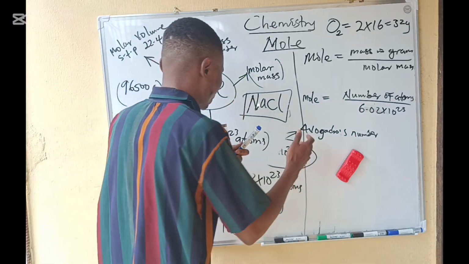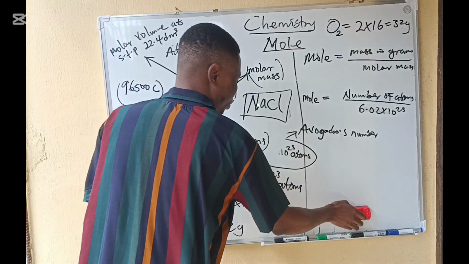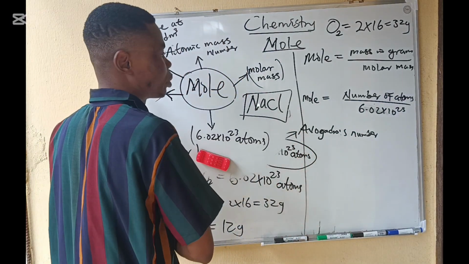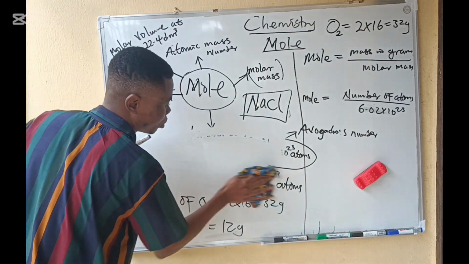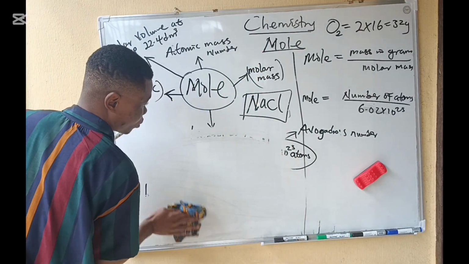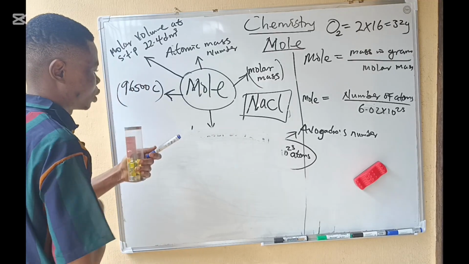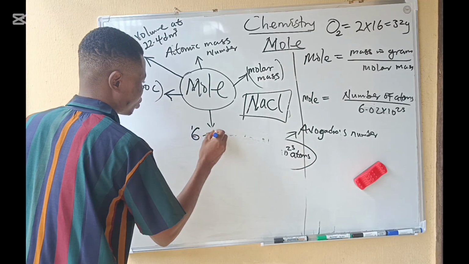So let me show you how to solve some questions. Look at the board. Remember this one was 6.02 times 10 to the power 23.